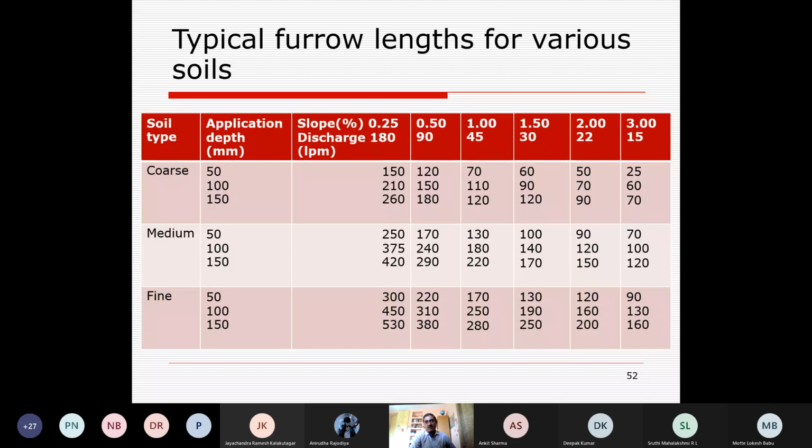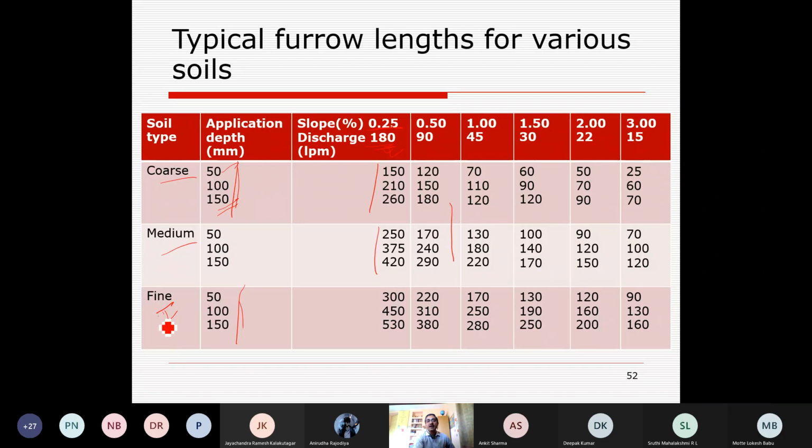So these are some guidelines, typical furrow lengths for various soils like coarse, medium, fine. For application depth, suppose we need a 50 millimeter application or 150 millimeter, three application depths are discussed here. If the slope of the furrow is 0.25, the discharge characteristic is, for example, 180 liters per second, so the furrow length is in this range.